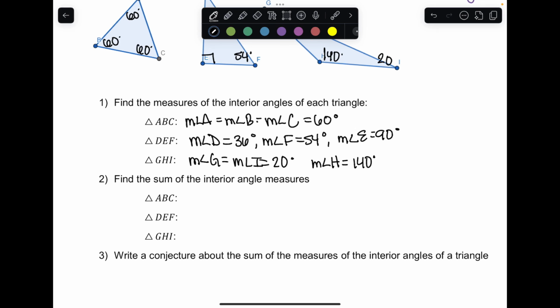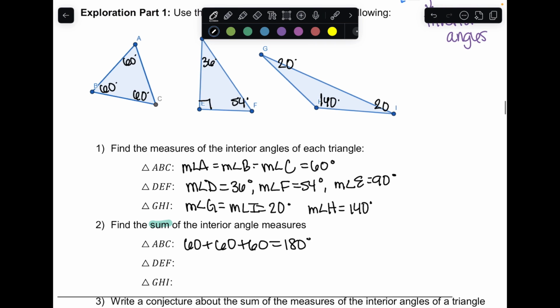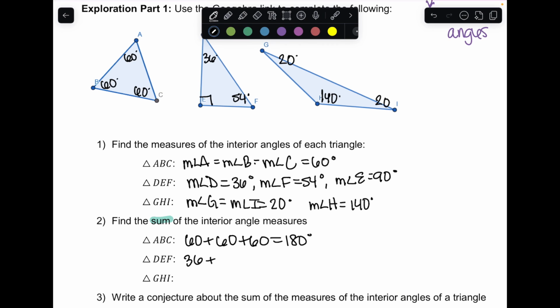It says, find the sum of the interior angle measures for each triangle. So for our first one, 60, remember sum is addition. So 60 plus 60 plus 60, we get 180 degrees. For the next one, DEF, that is our 36 plus 54 plus 90.